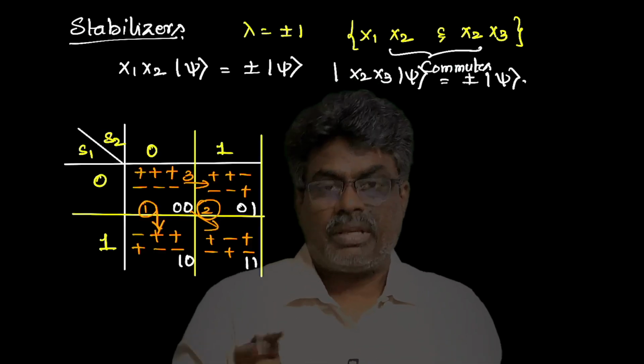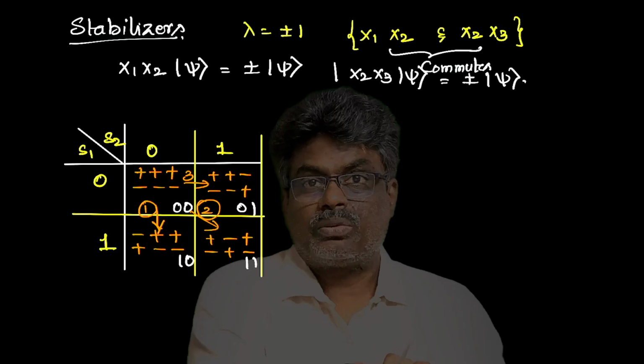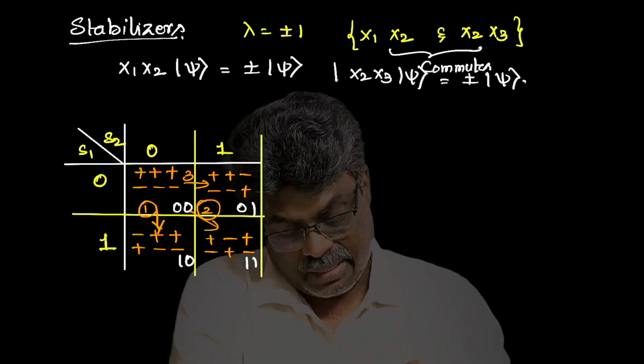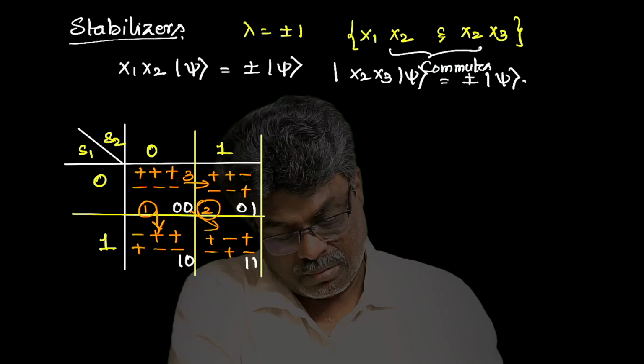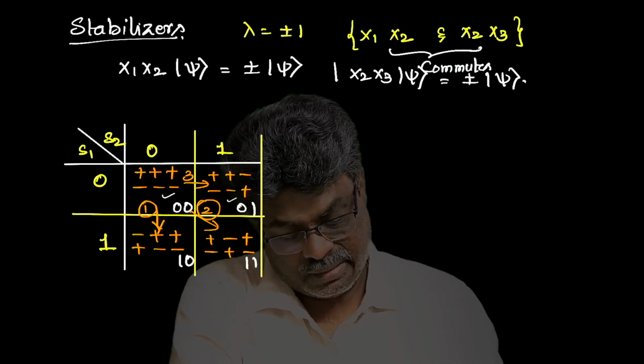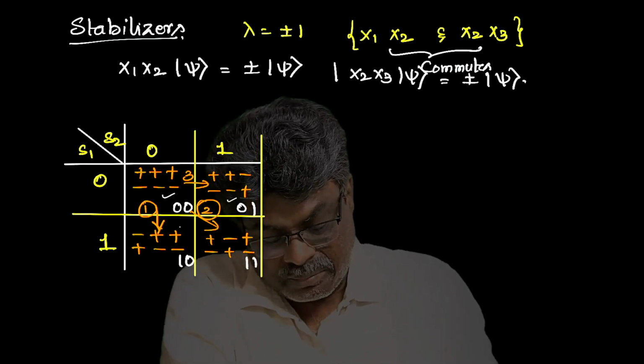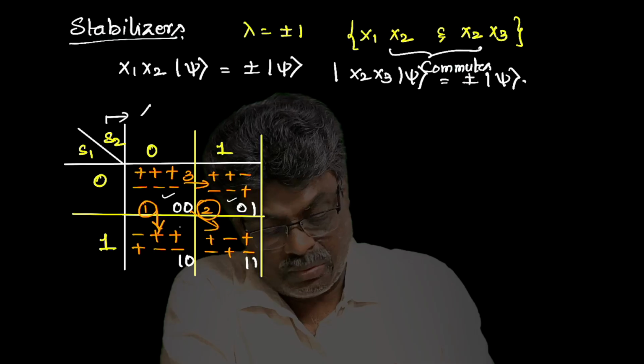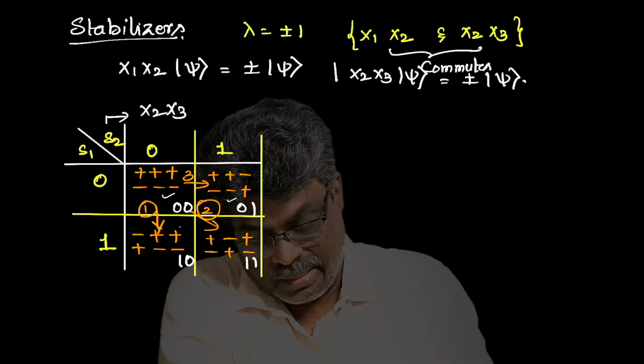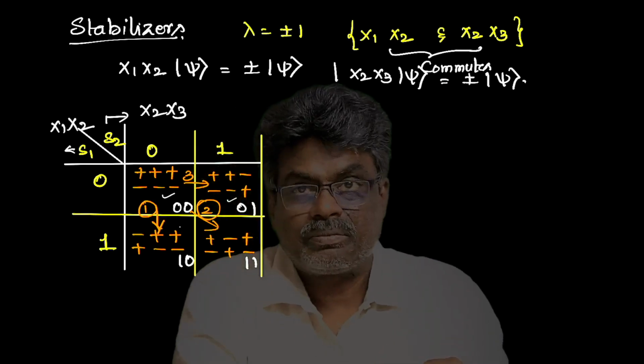Okay, so now here I have taken that earlier S1 S2 table. Let us say these boxes, first, second, third, fourth, are syndrome states. I told you corresponding to S2 we have X2 X3, and corresponding to S1 we have the X1 X2 stabilizer.